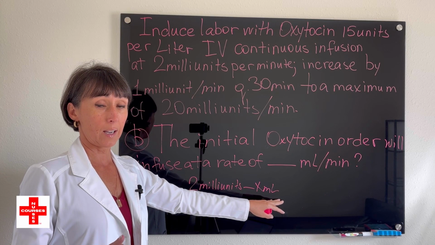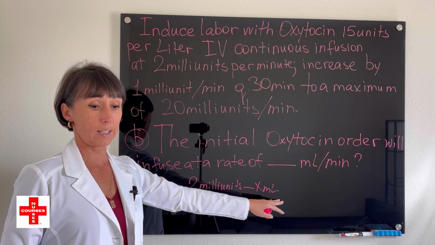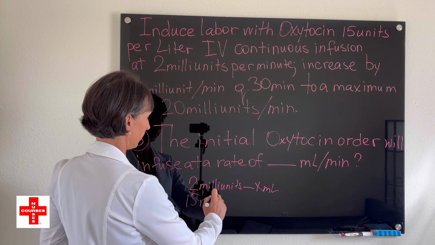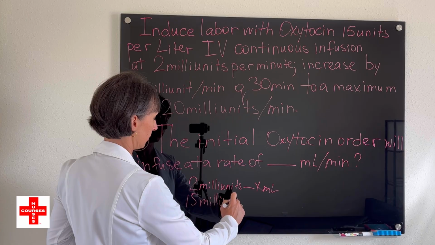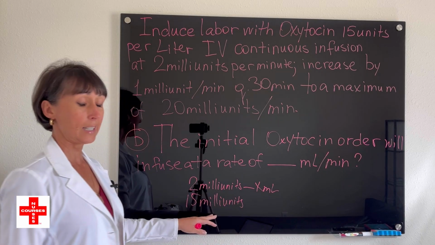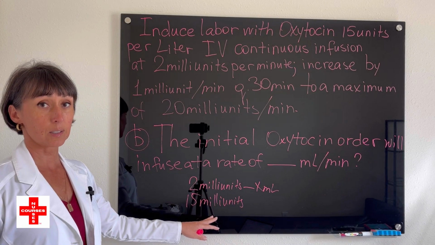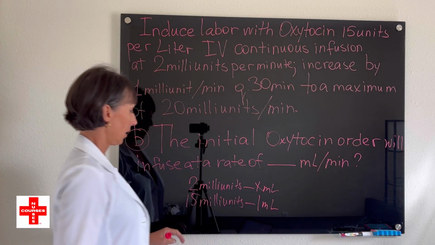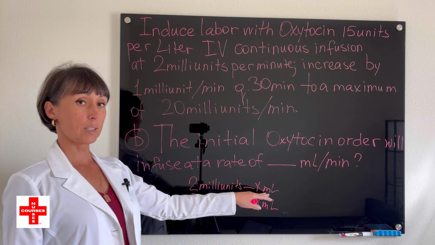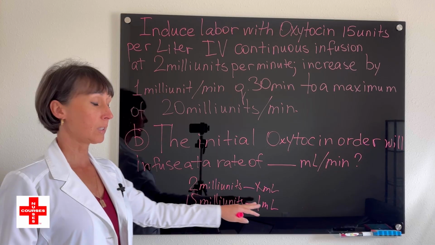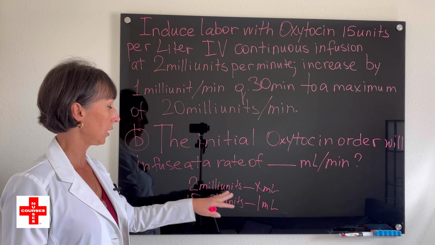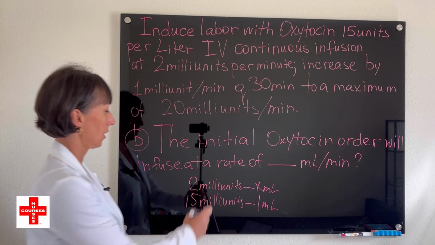What we just found in question A is that 15 milliunits is 1 milliliter. 2 milliunits is X milliliters. 15 milliunits is 1 milliliter. We check ourselves. Do we have milliliters under milliliters, milliunits under milliunits?